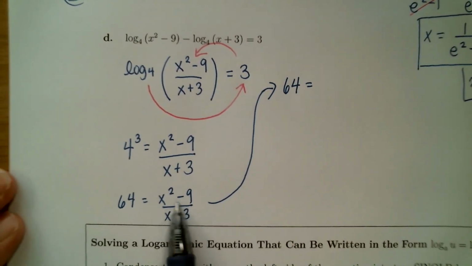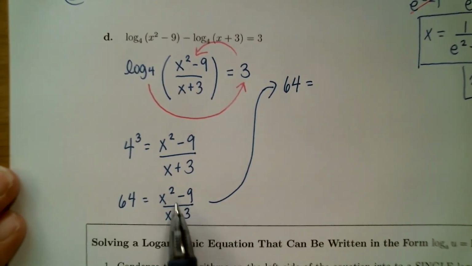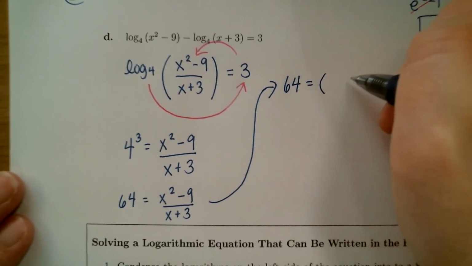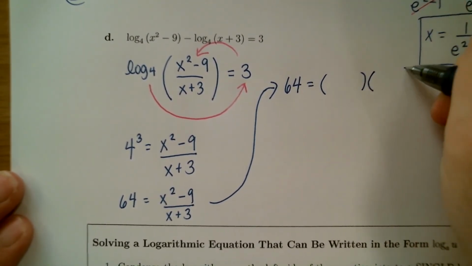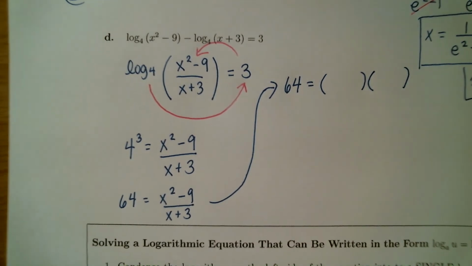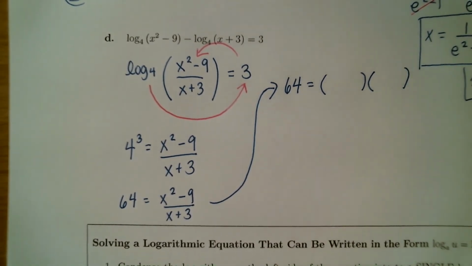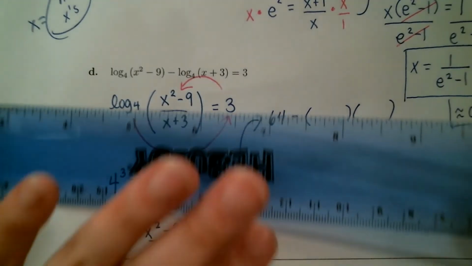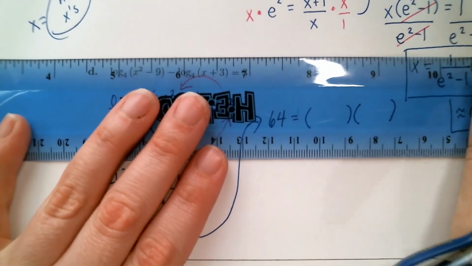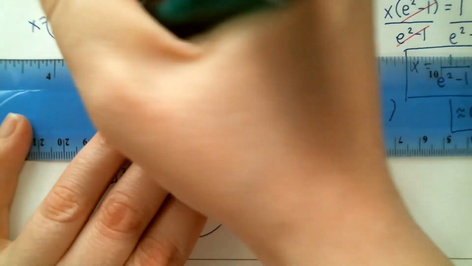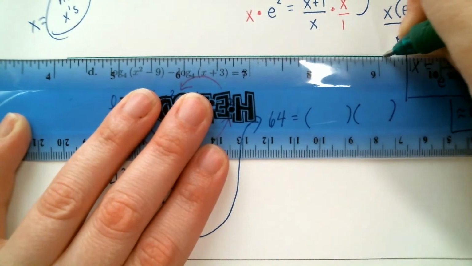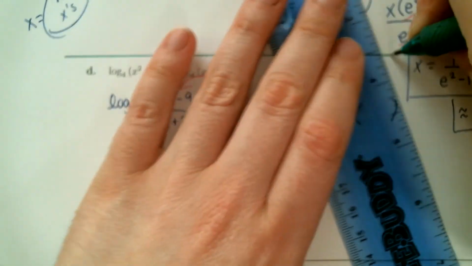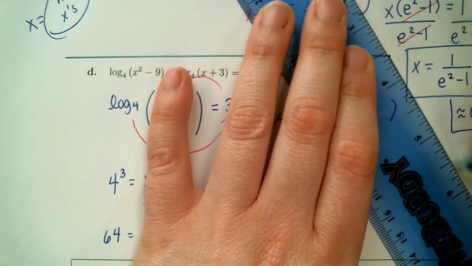The numerator of this fraction actually factors. Just stick with me if you're not sure about this. Here, let me get my ruler and draw a little partition so we don't run into the other problems of work. Hang tight, I'll show you what's going on with this one.